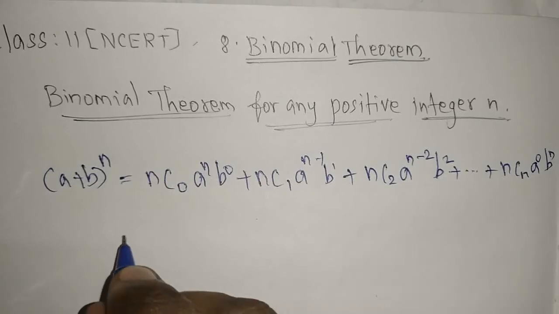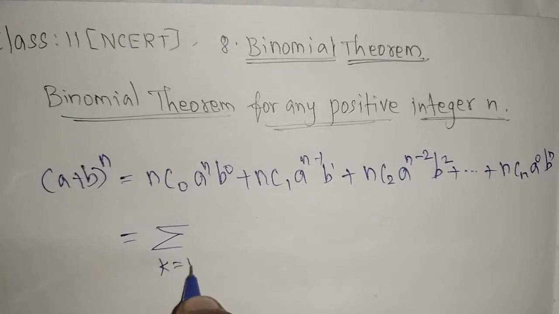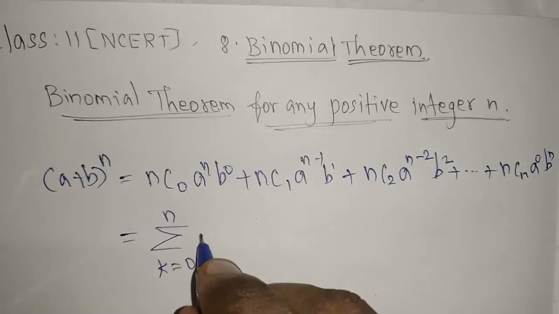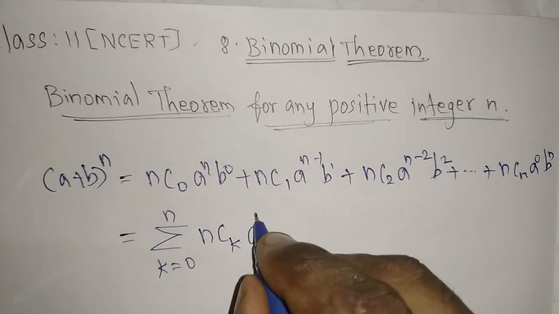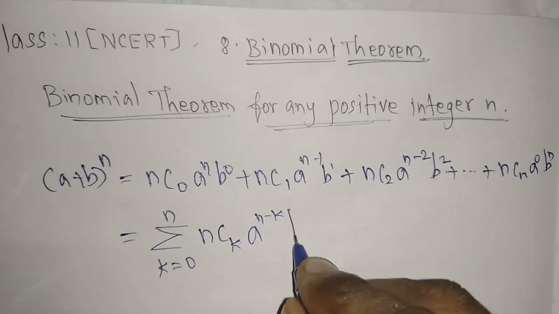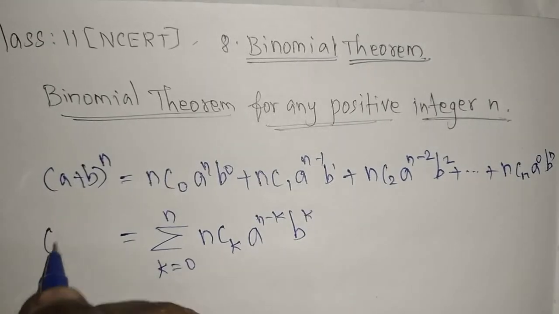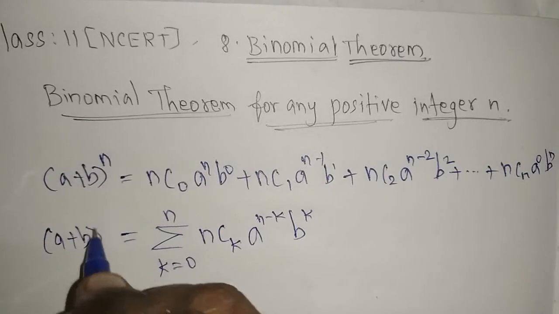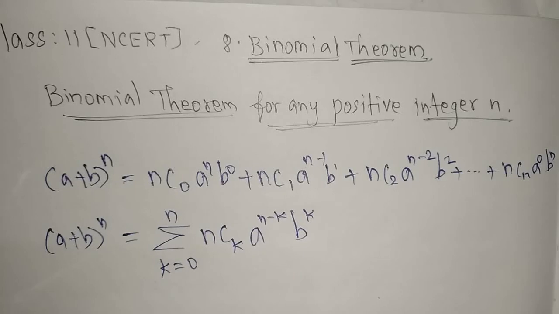Now this we can write as sigma k equal to 0 to n, nCk a^(n-k) b^k, like that we are writing, understand? And this is also equal to (a + b) whole power n, and this is the binomial theorem for a positive.